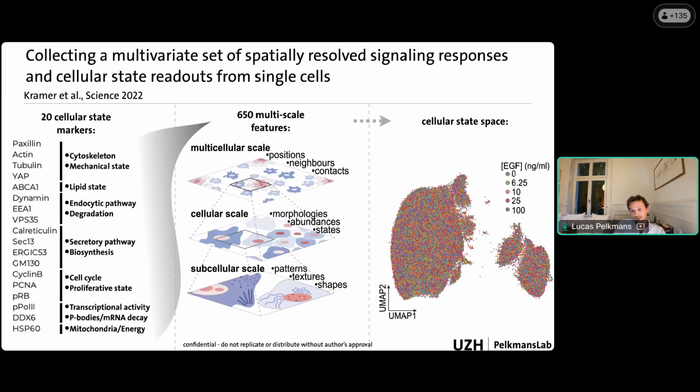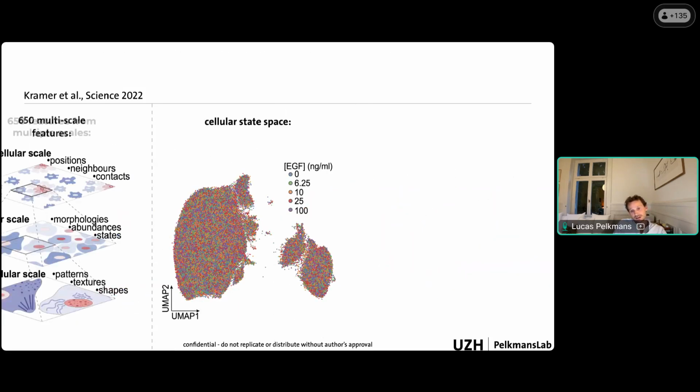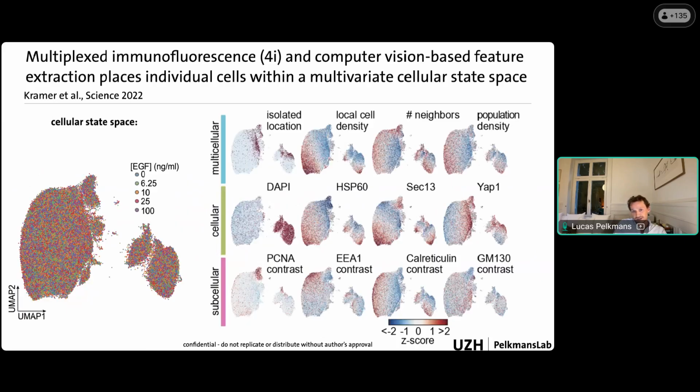Here you see a map of the cellular state space where each individual cell's location in this space reflects a certain combination of the features that we extract from these cells. When you look at this cellular state space, you can appreciate that it is really shaped by different properties appearing at different spatial scales. There are multicellular properties that are important in shaping this space, single cell properties, but also subcellular features that contribute to that.